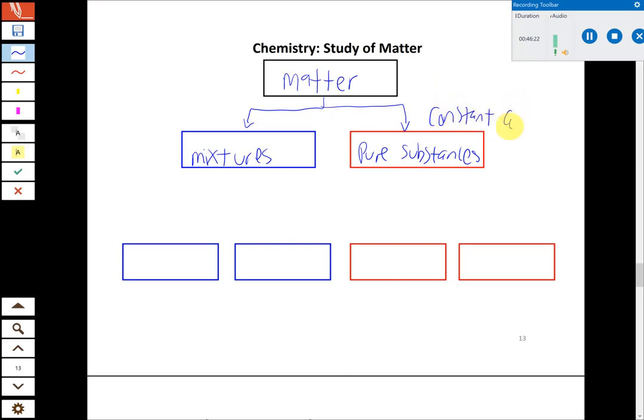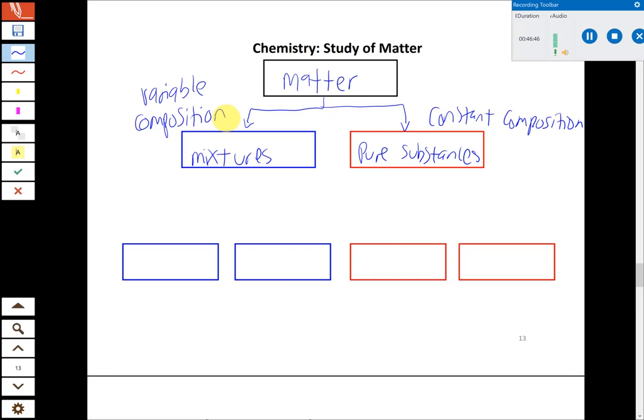We're going to talk in more detail about what composition means in these earliest chapters. Basically they have constant composition, and then a mixture is something that has variable composition. A mixture is basically two or more of these pure substances combined with each other in a physical way. So it's two or more separate substances that are just blended together, but not anything new fundamentally.